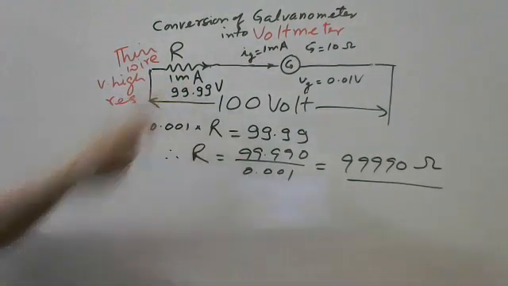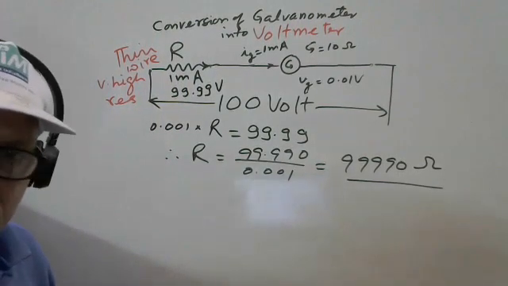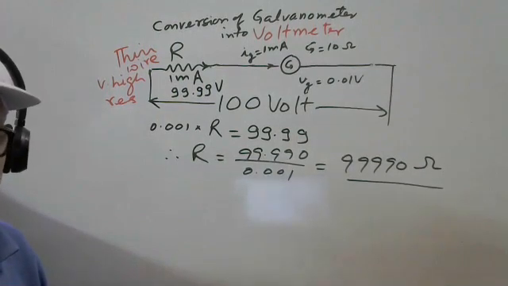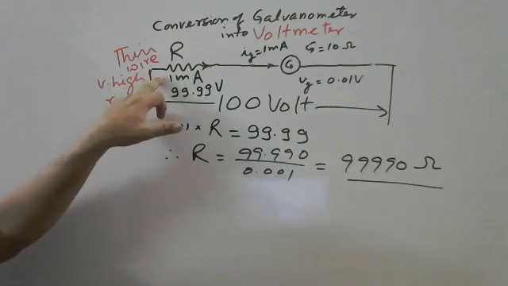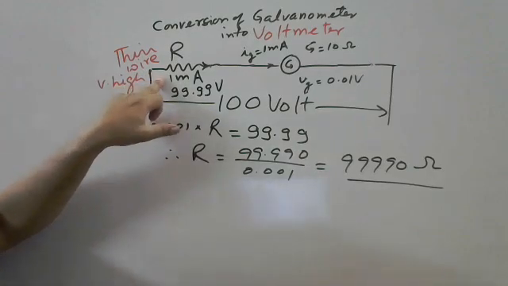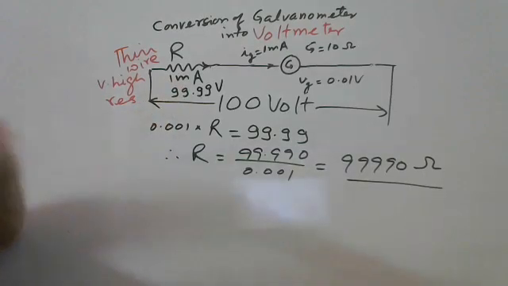So depending upon the series high resistance, we can convert the given galvanometer into the desired range of voltmeter. Using different series high resistances, we can convert the same galvanometer into different ranges of voltmeter.